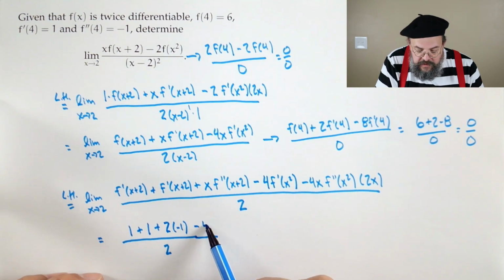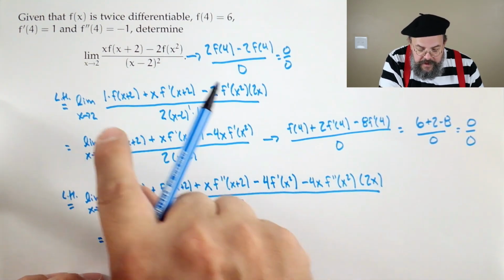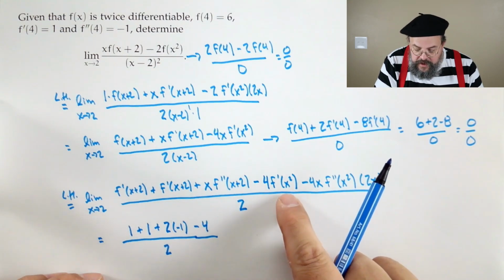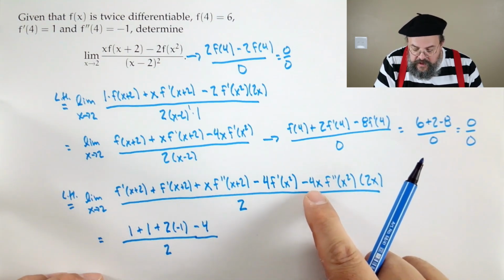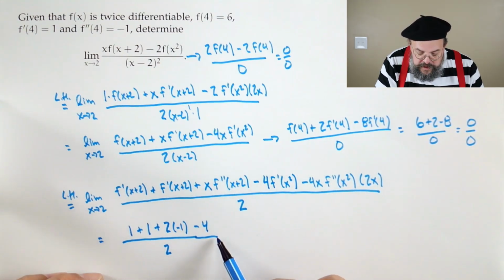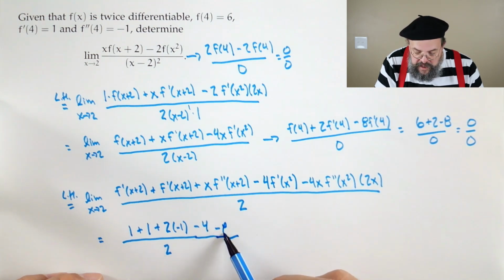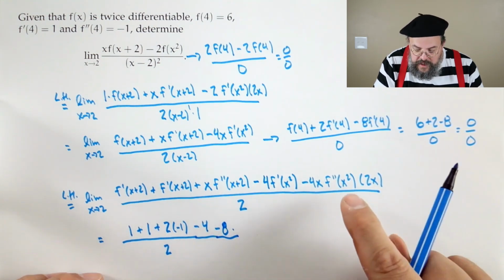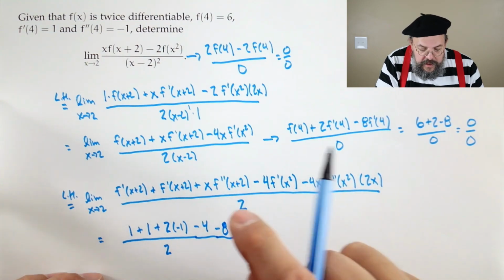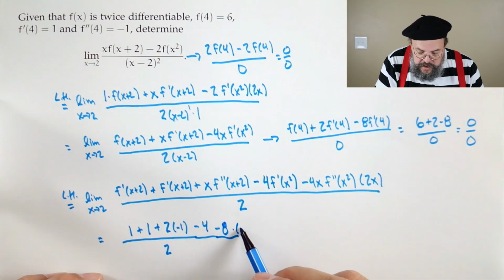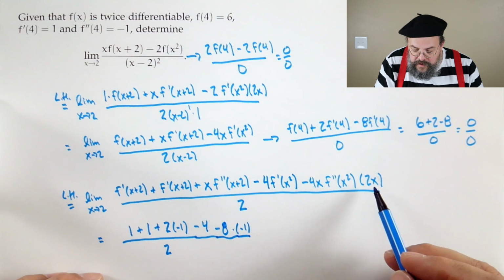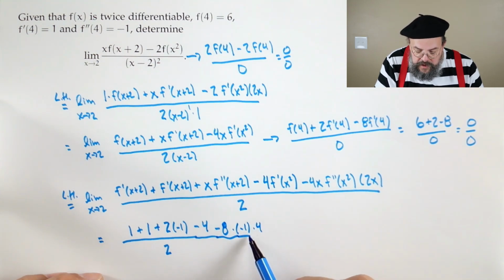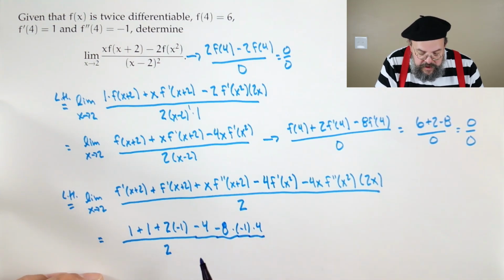Then minus 4 times f prime of 4. But of course, f prime of 4 is 1, so minus 4. Then minus 8. Okay, we're going to keep track of this one. Minus 8 times f double prime of 4, which is minus 1, times 2 times 2, which is 4. All right, there's a lot going on in this last piece here.